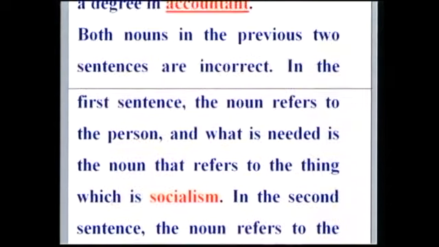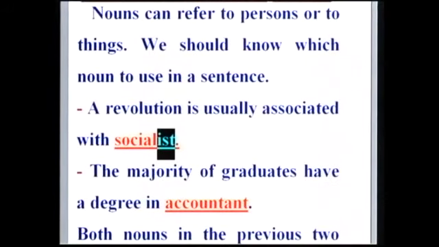تعالوا نبص عليهم بقى تاني على الجمل. A revolution is usually associated with socialist. لا، with socialism الاشتراكية. The majority of graduates have a degree، عندهم درجة، حاصلين على درجة in accountant. The accountant is the person.